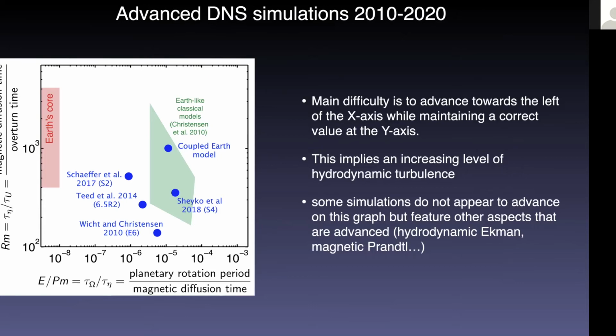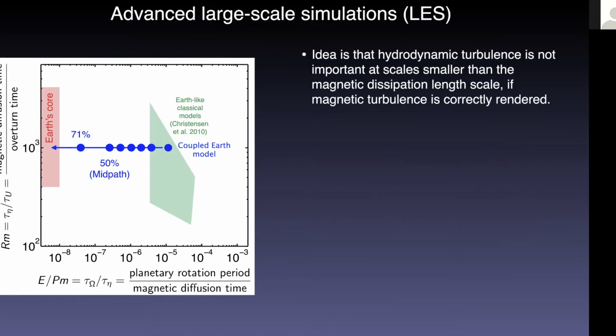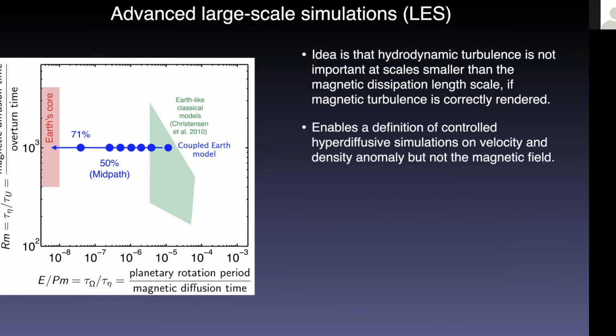There was another strategy that I have introduced myself with my co-workers, Alex Fournier and Thomas Gastine. The idea was that hydrodynamic turbulence is not important at scale smaller than the magnetic dissipation length scale if you happen to render magnetic turbulence correctly, that is, have a right value of the y-axis on this graph.